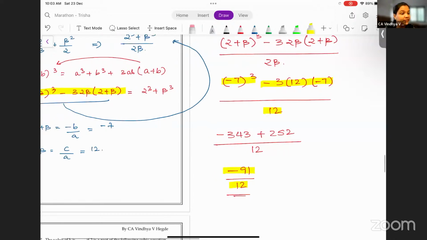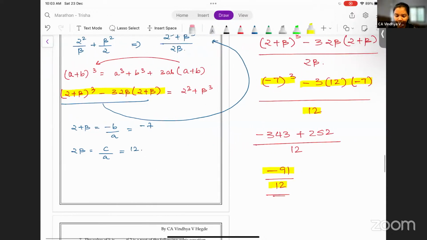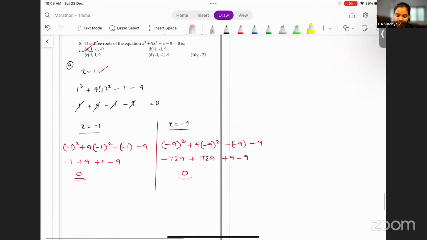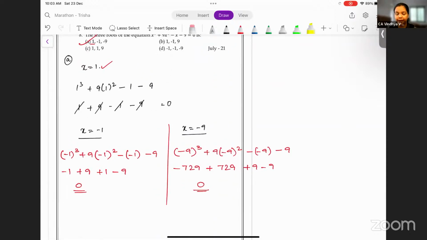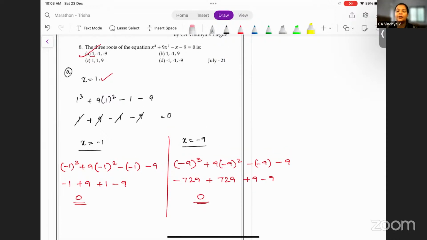Next, I had given you another homework, question number 8. I had explained how to solve it with the help of an option in the question. In option A, we had taken the value of x as 1. Since 1 satisfied, we went to the next part of the same option, that is minus 1.